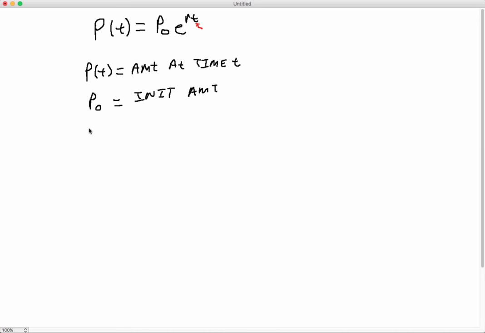And r is our exponential rate, which could be either growth or decay. If r is greater than 0, then you have growth. If r is less than 0, in other words if r is a negative number, you have decay.